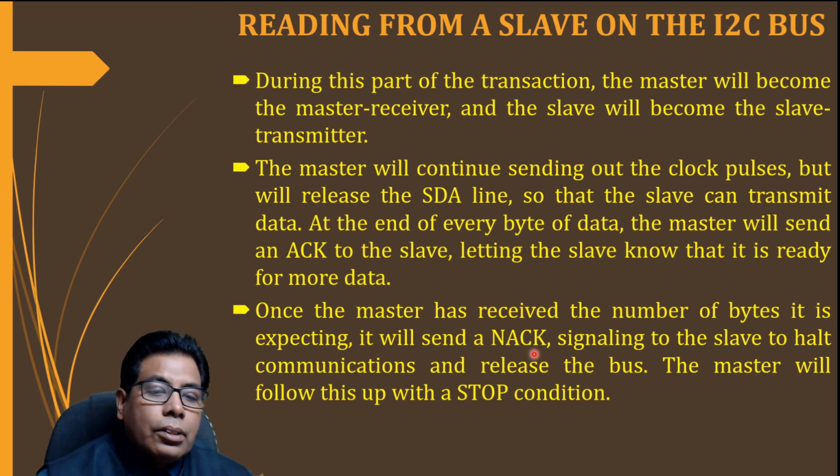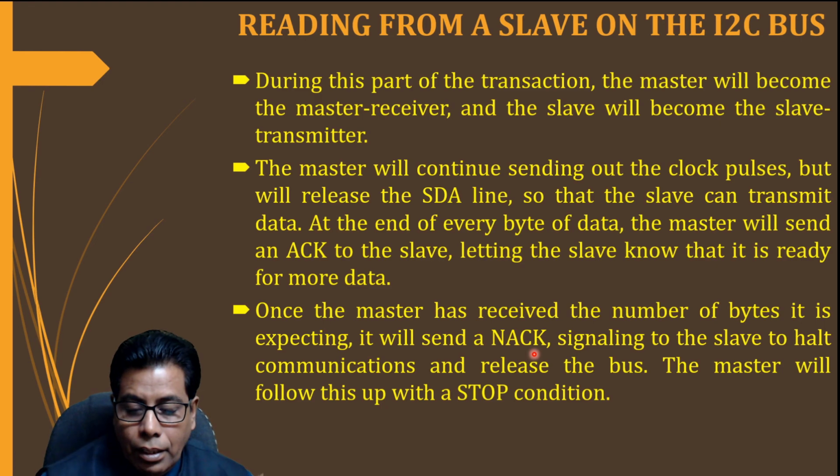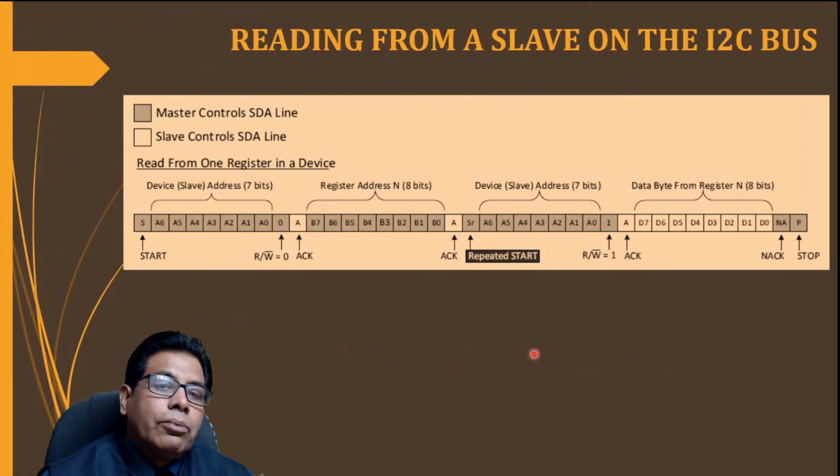So that is indication that the data has been received, and now the slave can halt the communication and release the bus. So once the slave releases the bus, then the master will follow this with the stop condition. This is how the operation will be done.